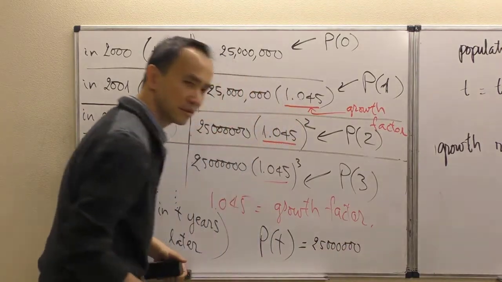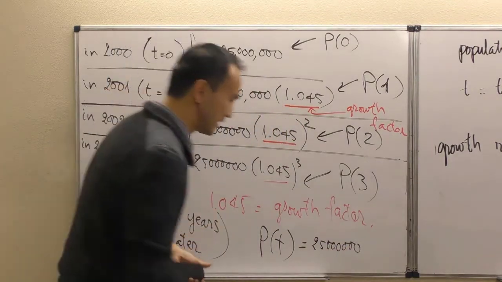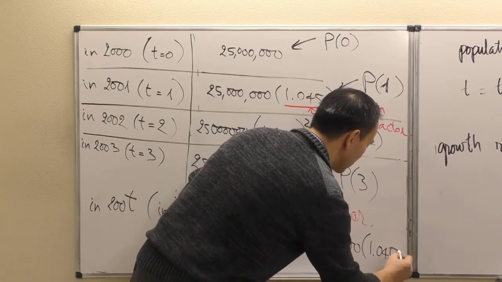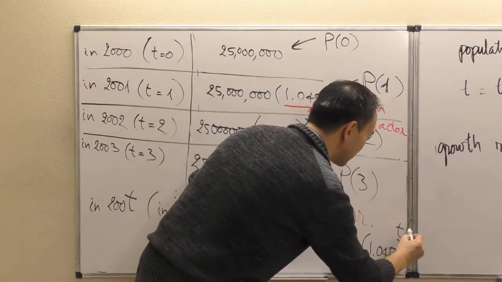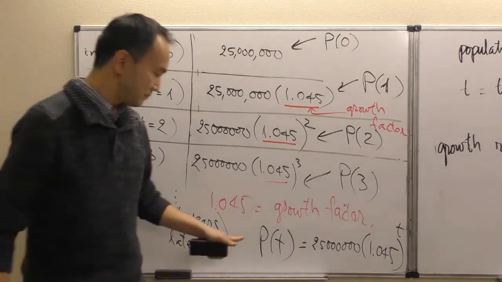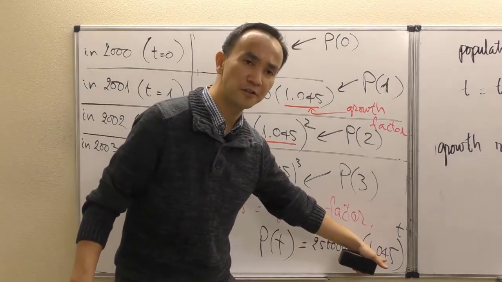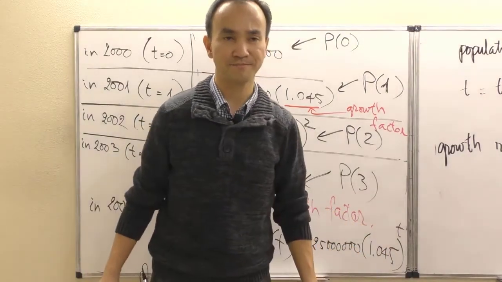That was the initial amount, the amount at the start. We're going to have 1.045 as the growth factor, but we raise that to the power t. P of t equals 25 millions times 1.045 to the t.